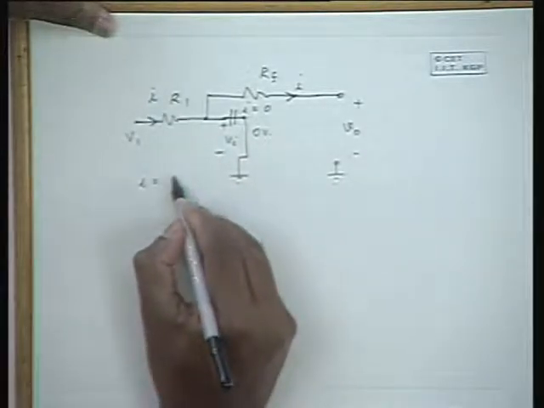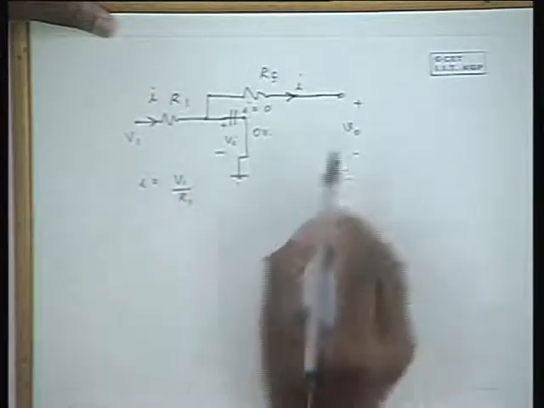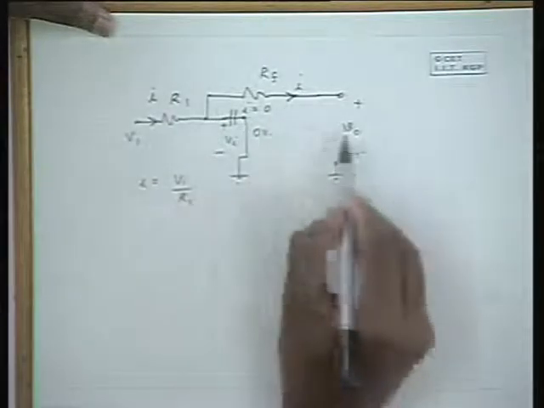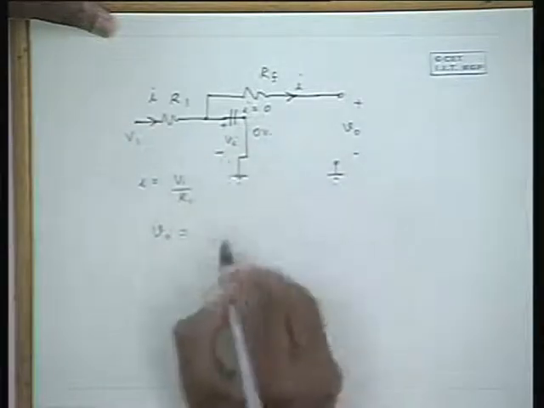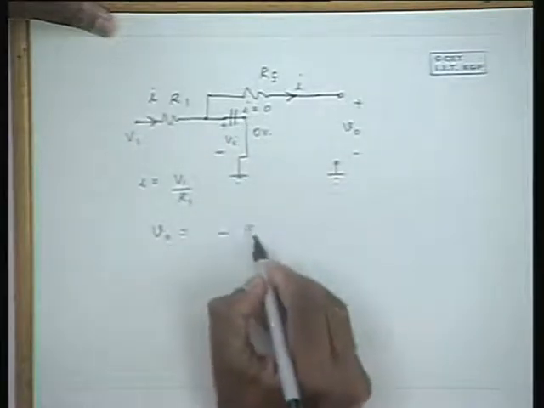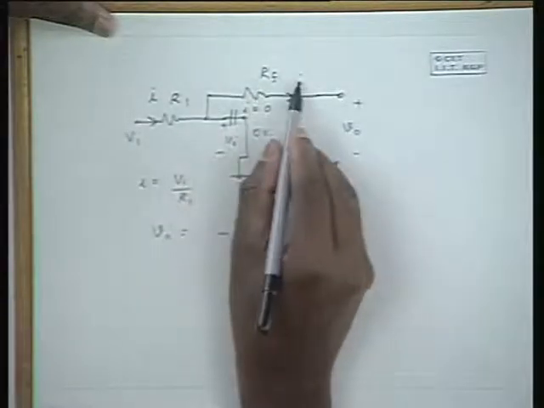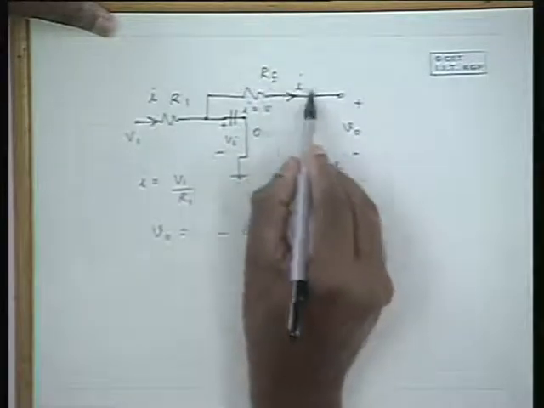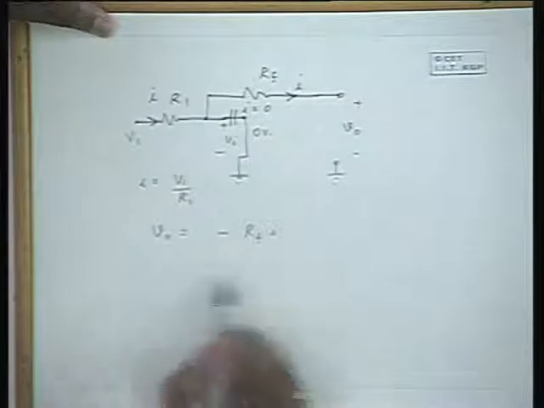I is equal to V1 by R1, and the same current flows through this, and this is at ground potential, therefore V0 is how much? So minus Rf into I. This is at ground potential, and Rf into I is the further drop, so 0 minus Rf into I is this voltage V0. So that is minus Rf into I.